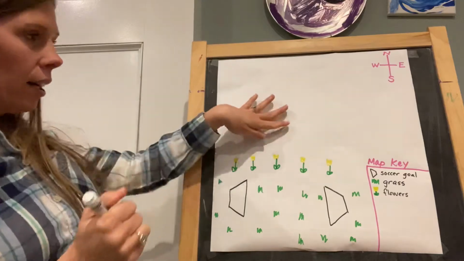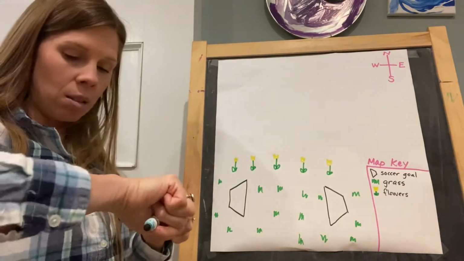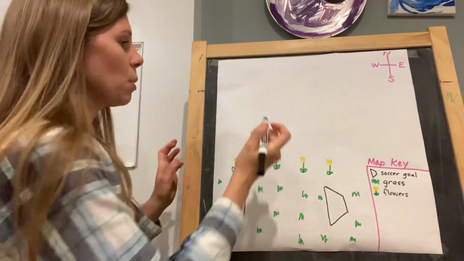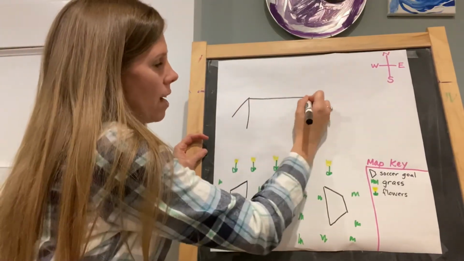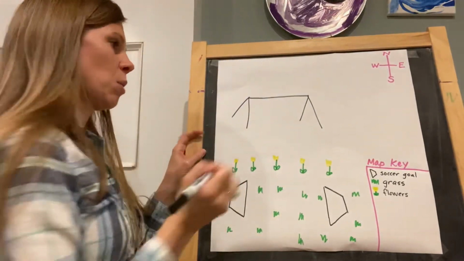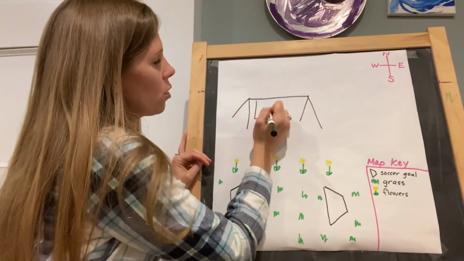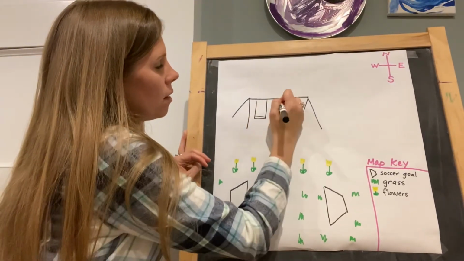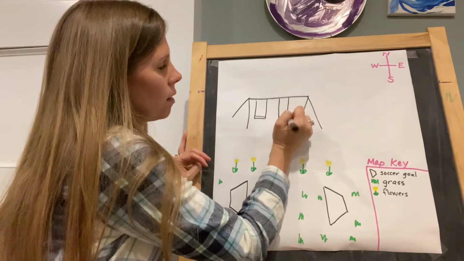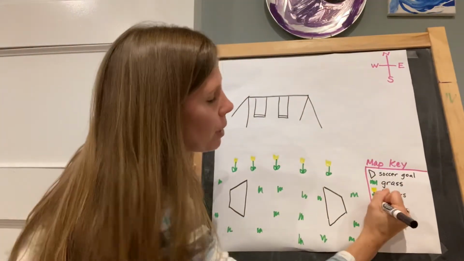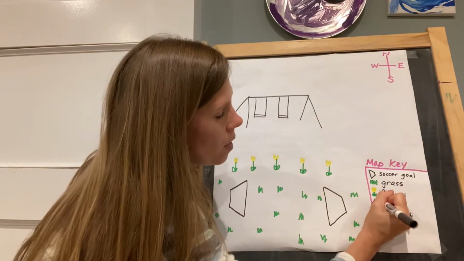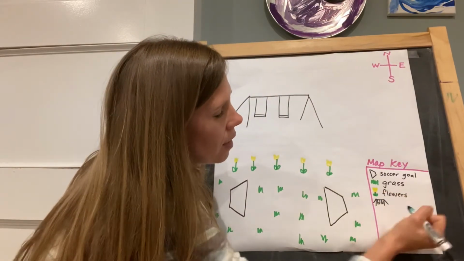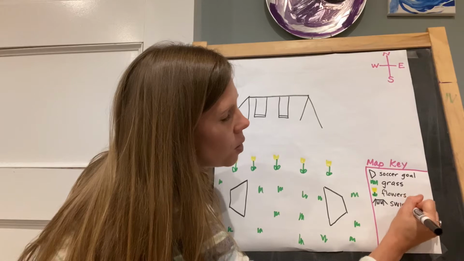Now, up here, I have a swing set, like a thing to play on. So I'm going to just draw a simple picture of that. That looks pretty good. And I'll draw some swings. Okay, now let me put that in my map key. There we go. There's my swings. And I will label that swing set.